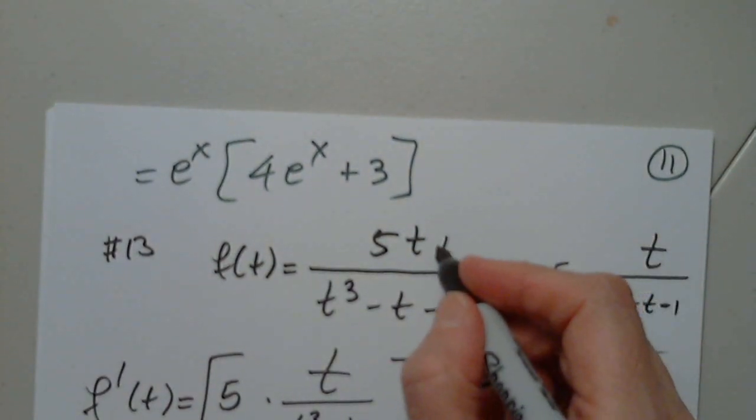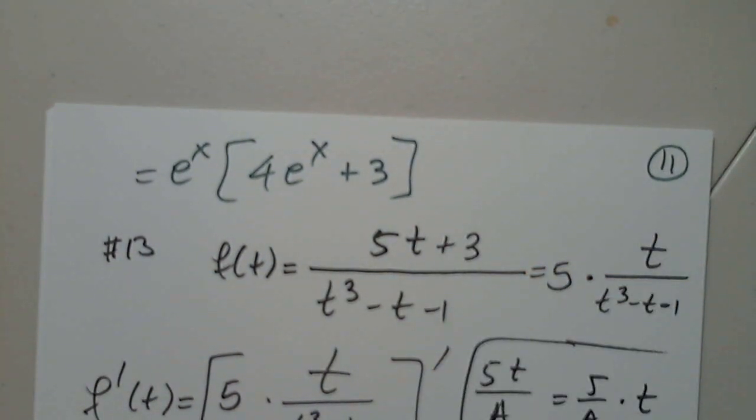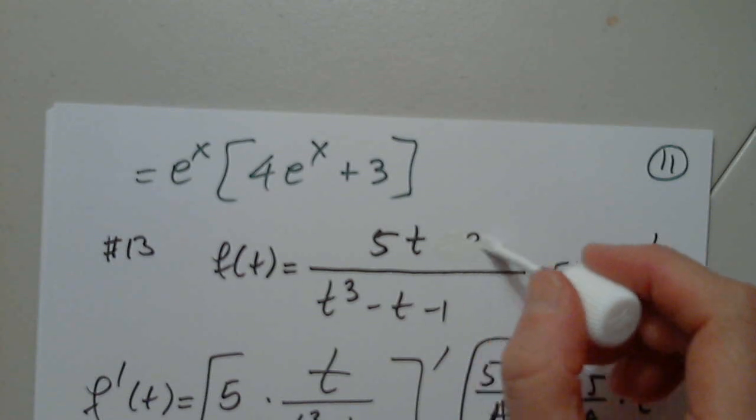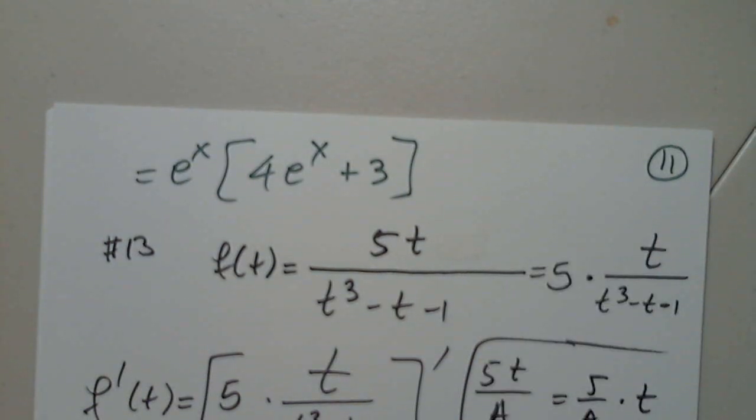Now if I have this, I can't do that, because the numerator does not have a factor anymore. But now the numerator has a factor. Maybe with 5, I would have factored 5 anyway. But it's 5 times t, which can be written like this.